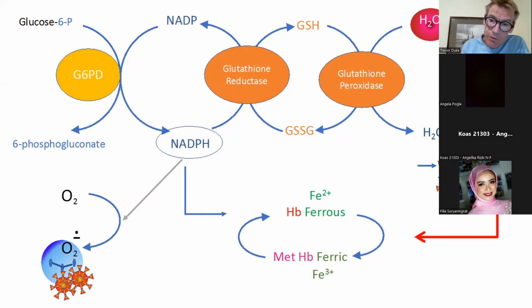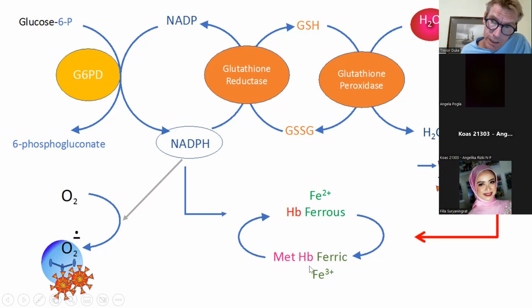And we all know if a child's hypoxic, if they've got a low oxygen delivery because of pneumonia, then they'll have a low percentage of their hemoglobin that is carrying oxygen. But if a proportion of your hemoglobin can't carry oxygen because it's in the ferric form, because it's methemoglobin, then your oxygen saturation will be low because you'll have a mixture of normal hemoglobin and methemoglobin.